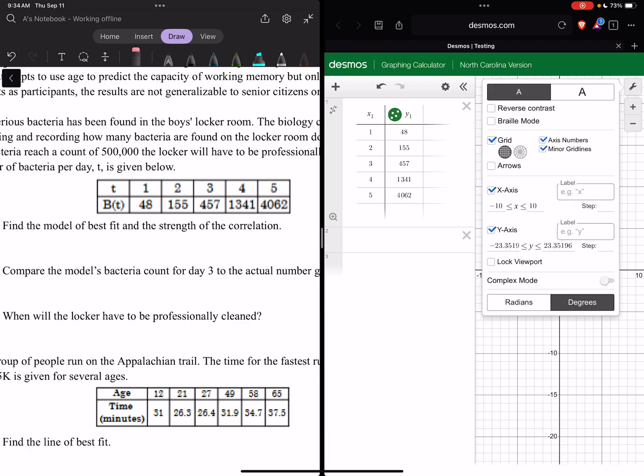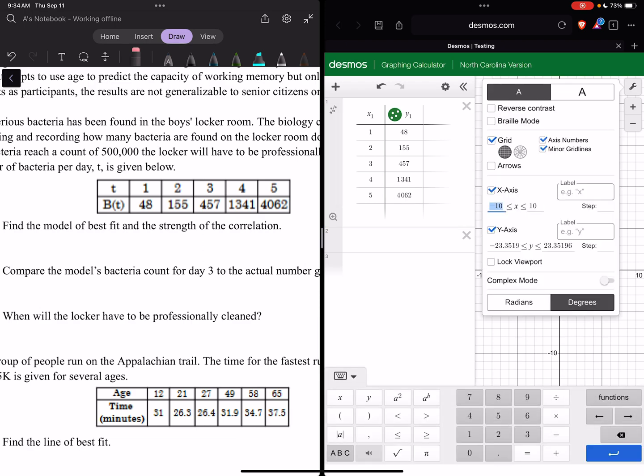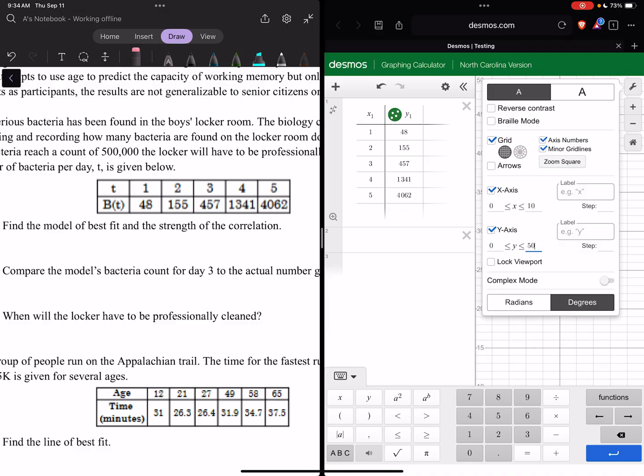Now, while it's not a requirement, again, I do like to have a picture of this graph. So I'm going to start my X at 0. Going to 10 is great. Let's start this also at 0 and go up to 5,000, 4,500.